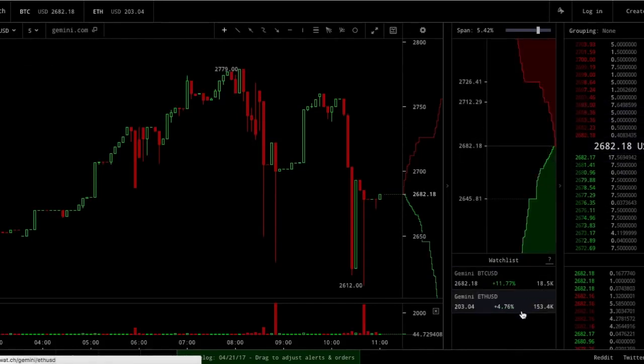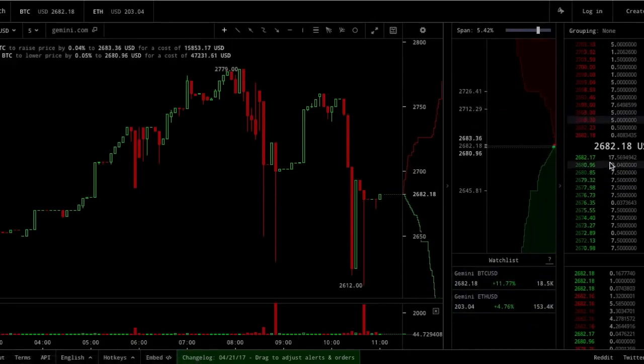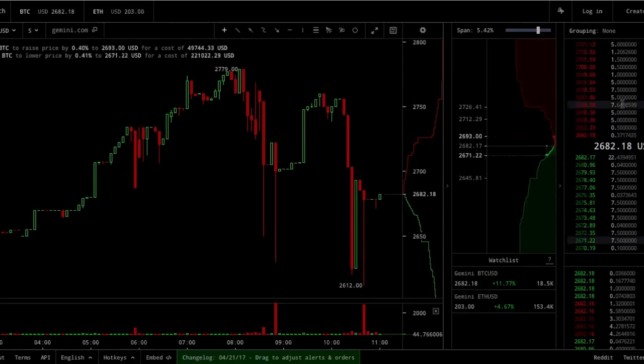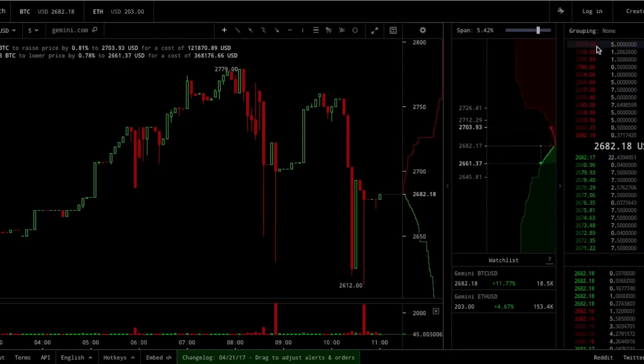Cool? Okay. Now, the second thing to look for is a string of weak bids or a string of weak offers or asks. So what I'm talking about is, let's say this was like 40, that there was a 40 bid wall, and that all of these were like 1s, 2s, and 0s, all the way up for, let's say, like $30 of offers.